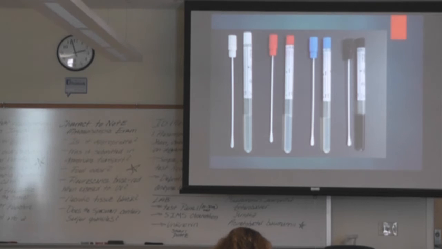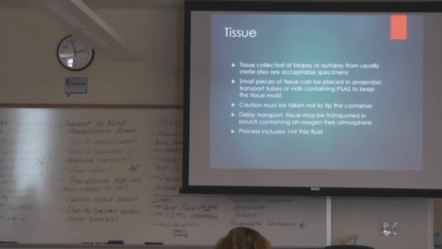Here's a couple pictures of the different transport systems that they have. Tissue, okay? Tissue collected at biopsy or autopsy from usually sterile settings is acceptable, so that's fine. Caution must be taken not to tip the container.